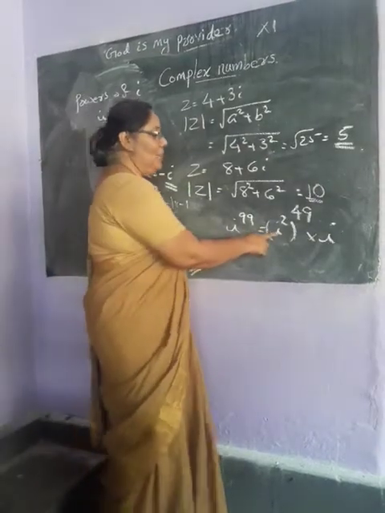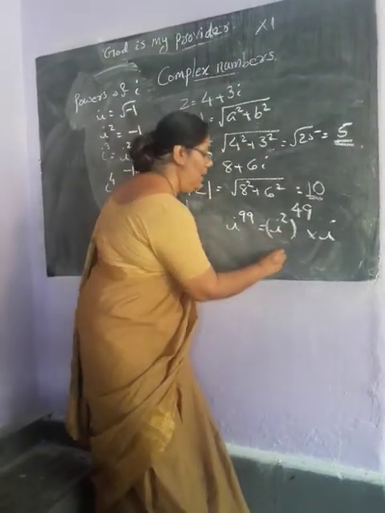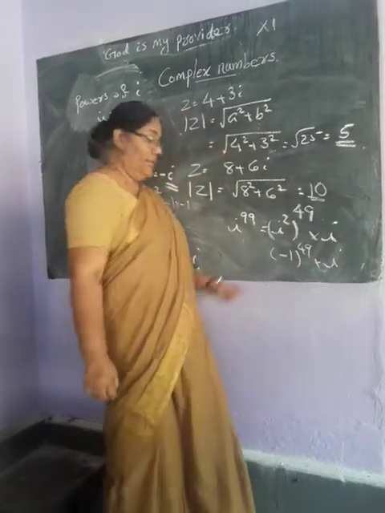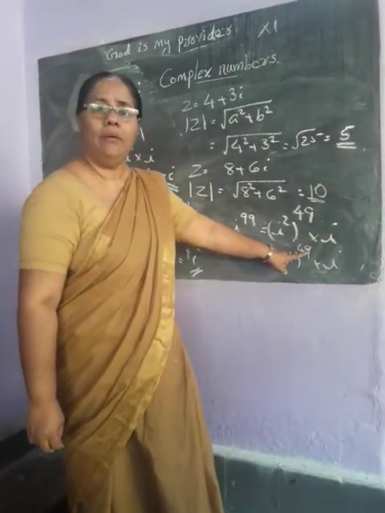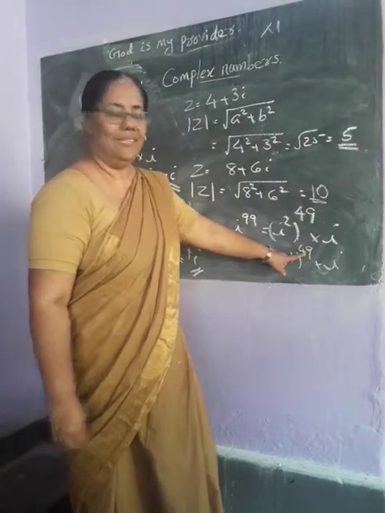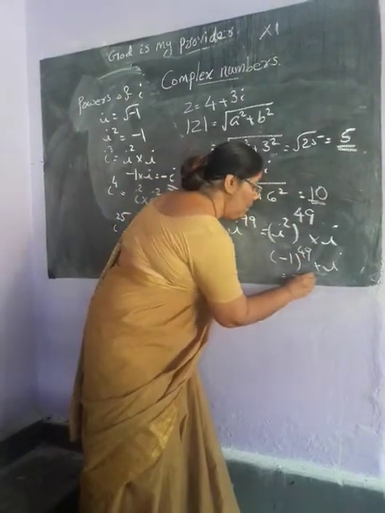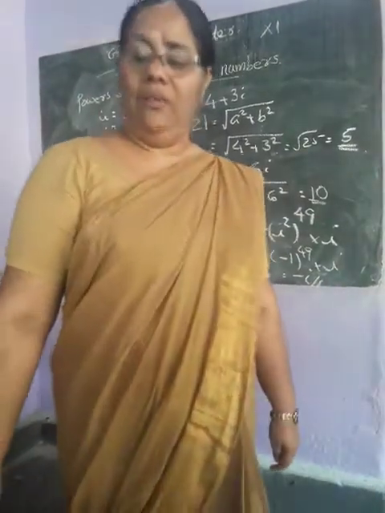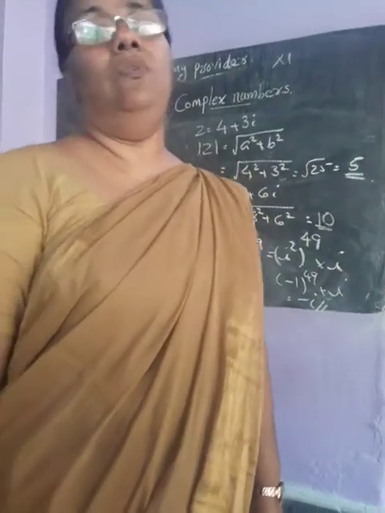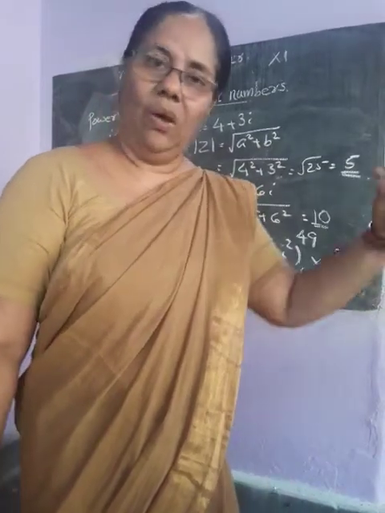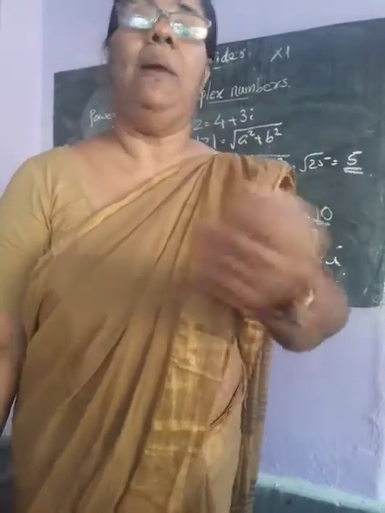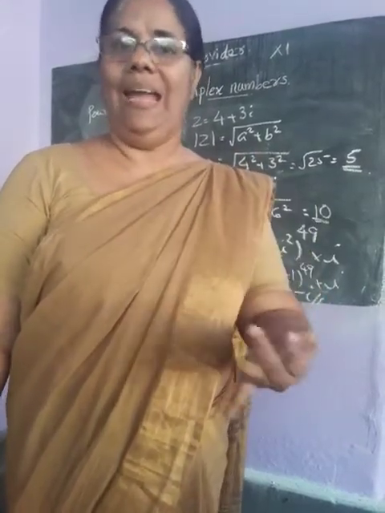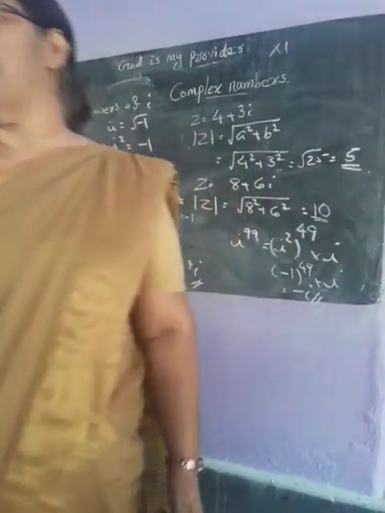Now, what is your i square? Minus 1 raised to 49 into i. Negative number raised to odd power gives minus. Therefore, the final answer is minus i. Here in this section, we convert the higher powers into the lower form: 1, minus 1, i, minus i. What are the answers? 1, minus 1, i, minus i type.